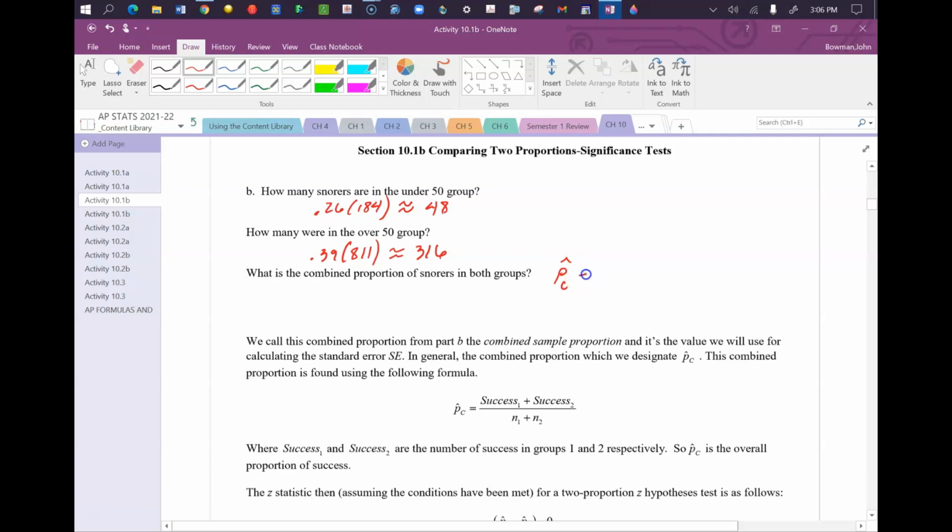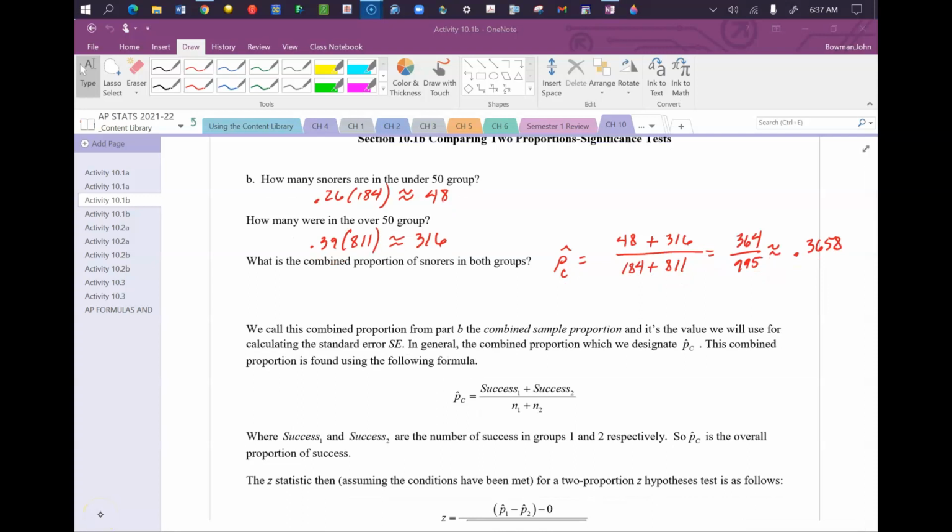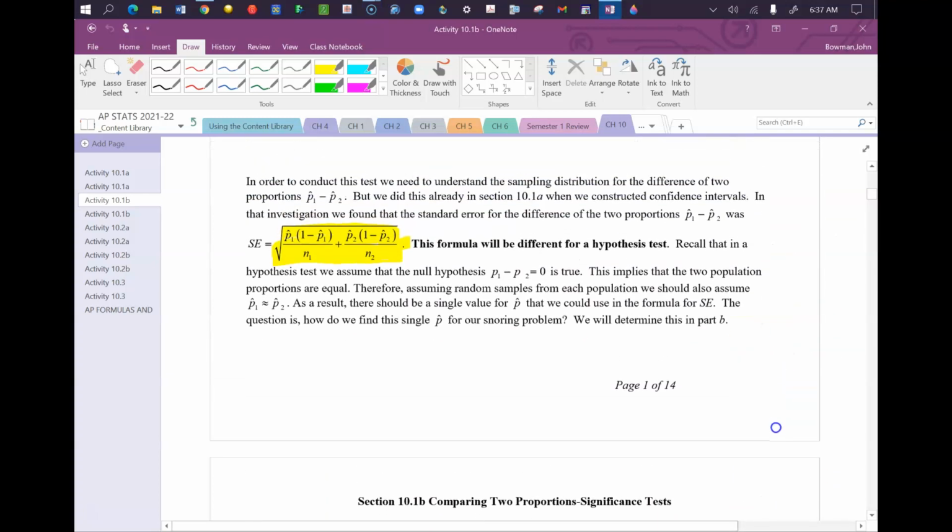We call this p-hat combined, and it basically says, let's take the number of people in one group, approximately 48, plus the number of people in the other group, approximately 316, that snore, and divide it by the total number of people in the study, 184 and 811, and this turns out to be 364 out of 995, which is approximately 0.3658.